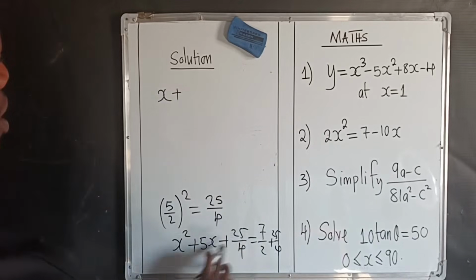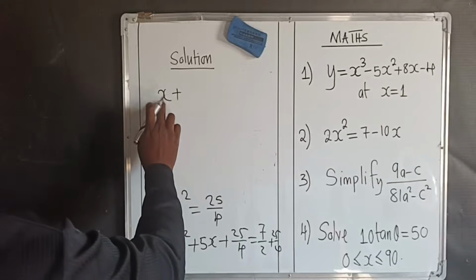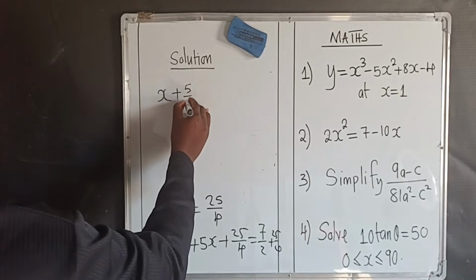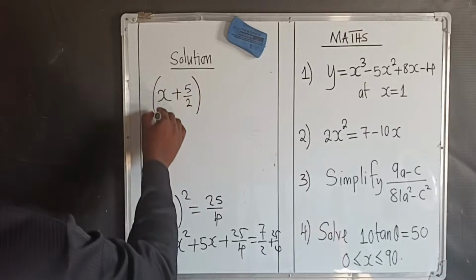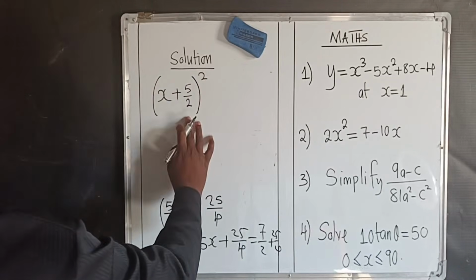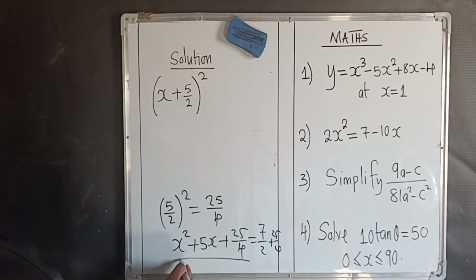So after doing this, you now get x, just x without a power 2. And then since there is a plus here, you say plus 5 over 2, and then you put a power 2 here. So this is a perfect square, such that when we simplify, it will take us back to this.